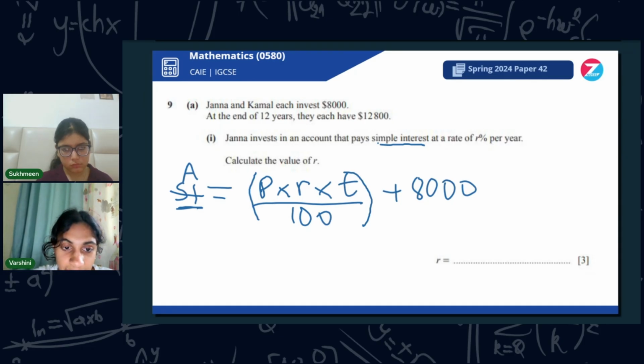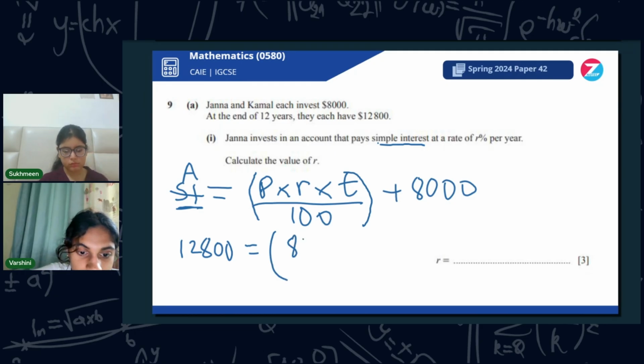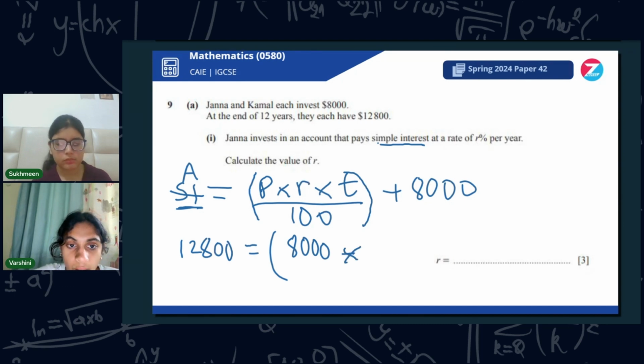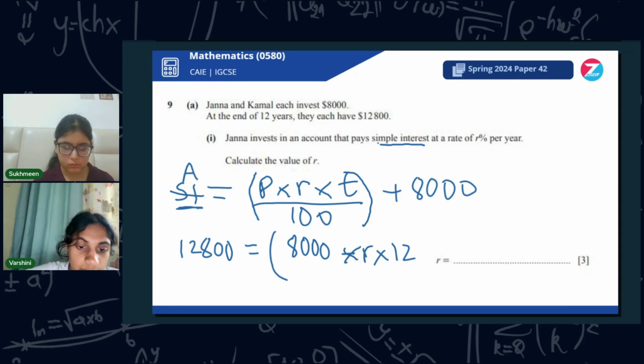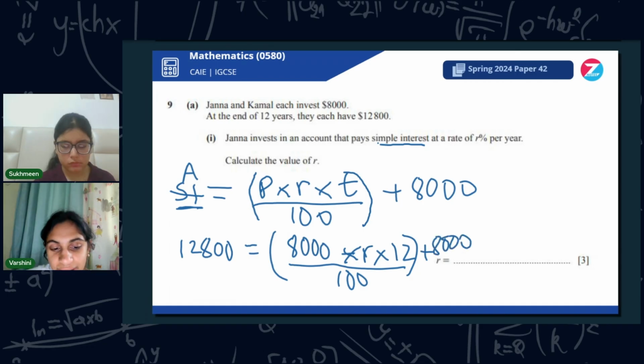So we can substitute in all the values. 12,800 is going to equal her initial amount 8,000, into R, which we don't know, into T, which is 12 years, divided by 100, plus 8,000. So first, to get rid of 8,000, we're just going to subtract it from both sides.